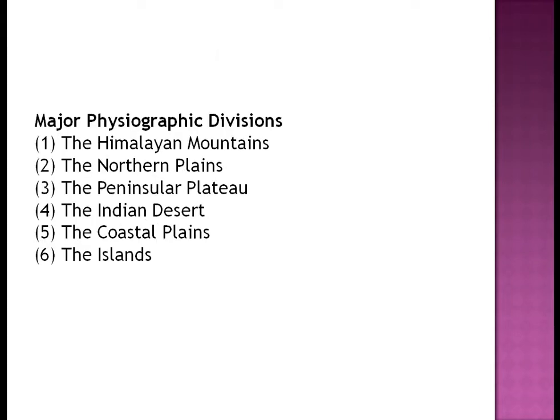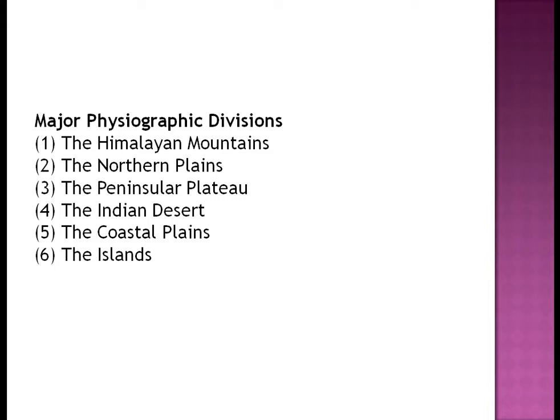Next, we are seeing the major physiographic divisions. In our regular video I explained the major physiographic divisions in detail, but here we are taking them in gist, note-wise. So these notes are very important. Please copy down these notes.